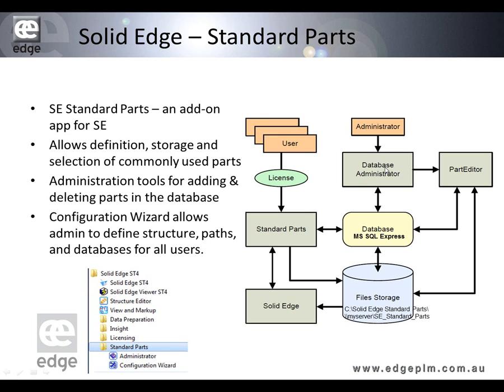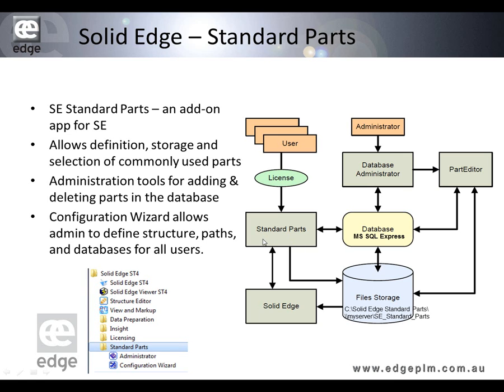If we look at the buff colored boxes, these are the programs or applications. We've got our Solid Edge application down here, which interacts with everything. The main tool used for standard parts is the standard parts application itself, which converses with Solid Edge, the database manager, and the file storage.